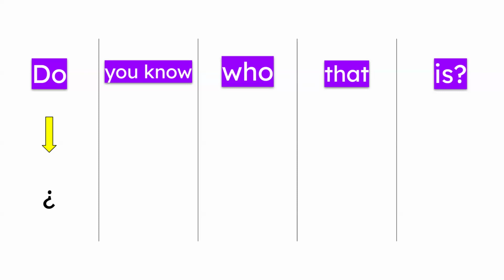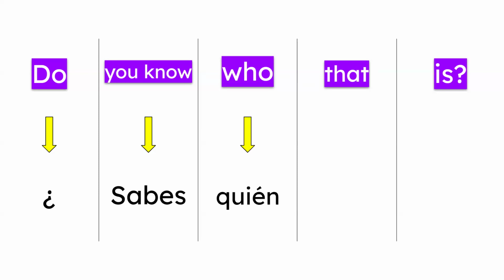Sabes, right? Sabes, sabes. Who goes? ¿Quién? Perfect. ¿Sabes quién? And here we need to use es first, right? ¿Sabes quién es?